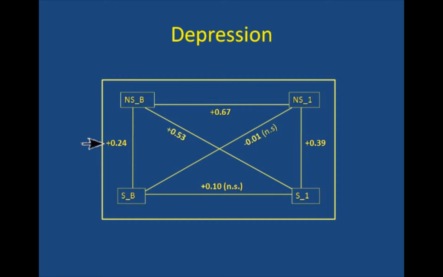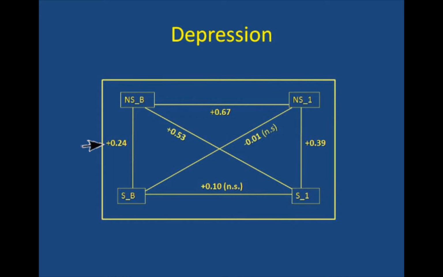At the other end, the non-somatic items at year 1 are correlated 0.39 with the somatic items at 1 year. So at the 1 year follow-up, the two item domains, or the two separate indicators of depression, are modestly correlated, more highly correlated than they were at baseline itself.